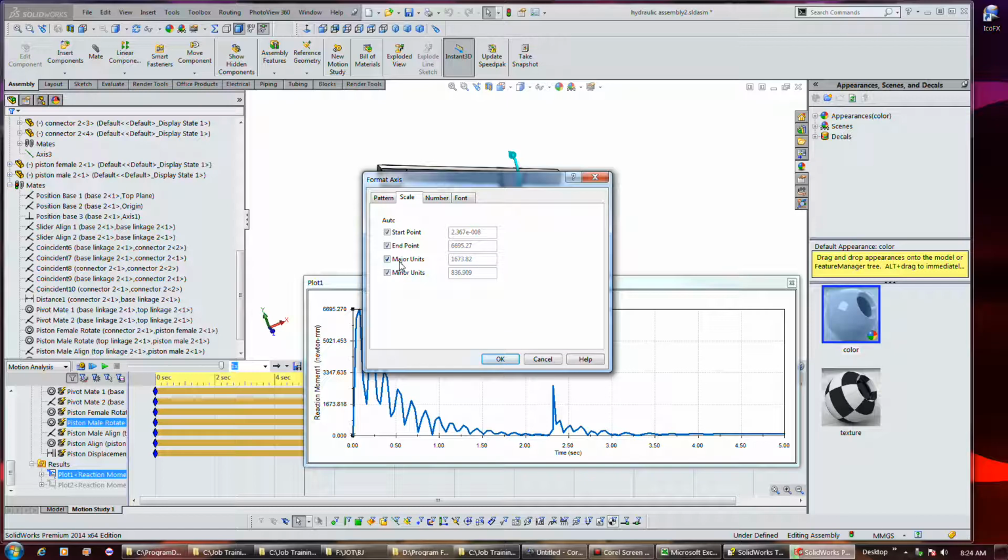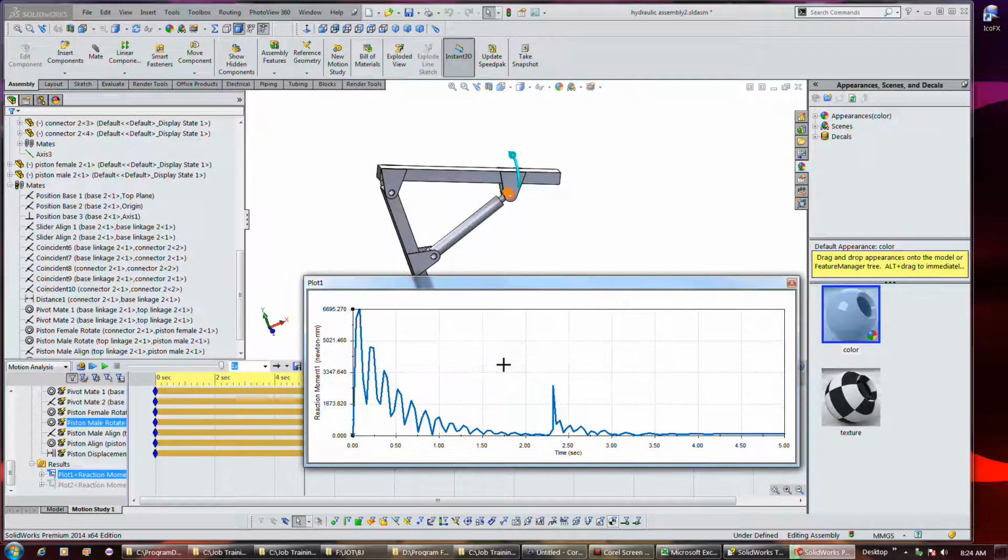Well, what's major units mean? Man, this is... What is that supposed to mean? I don't know.